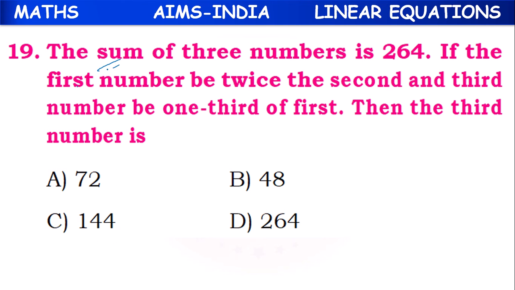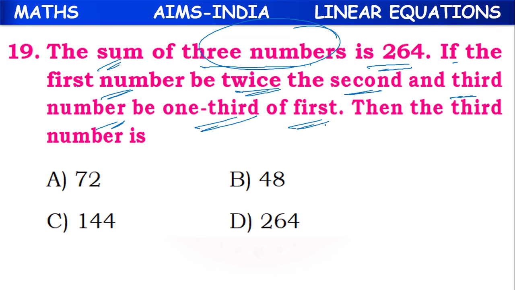Next, 19th question. The sum of three numbers is 264. If the first number is twice the second number and the third number is 1/3 of the first, they have given the relation between the numbers.